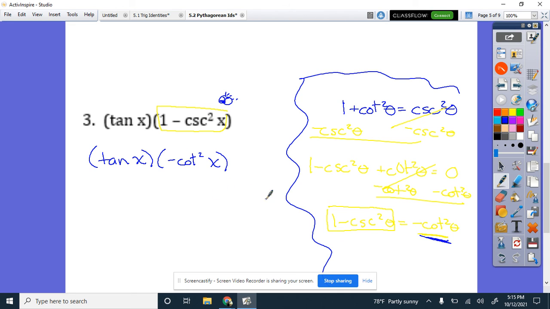Now, some of you who have watched the videos remember that tangent and cotangent are inverses. So that means that one tan can cancel out one cotan. Tan goes away, one of the cotangents goes away. I'm still left with a negative cotangent x. And that is going to be my answer.